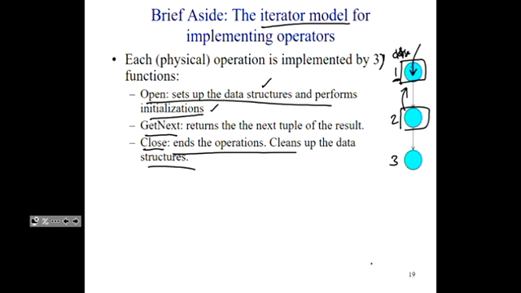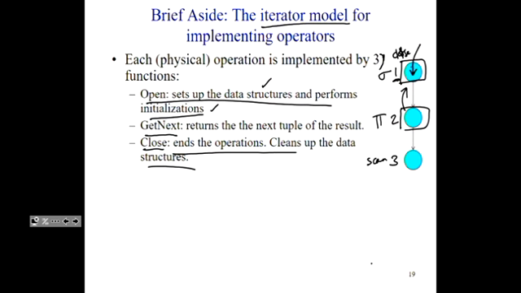So one example of this might be, let's say this is an operator corresponding to selection. The selection operator might ask the operator below in the plan to give me the next tuple so that I can apply the selection condition on it, then pass it to the operator above. So maybe operator 2 is a projection, maybe operator 3 was a scan. So you might have a scan followed by a projection followed by a selection.